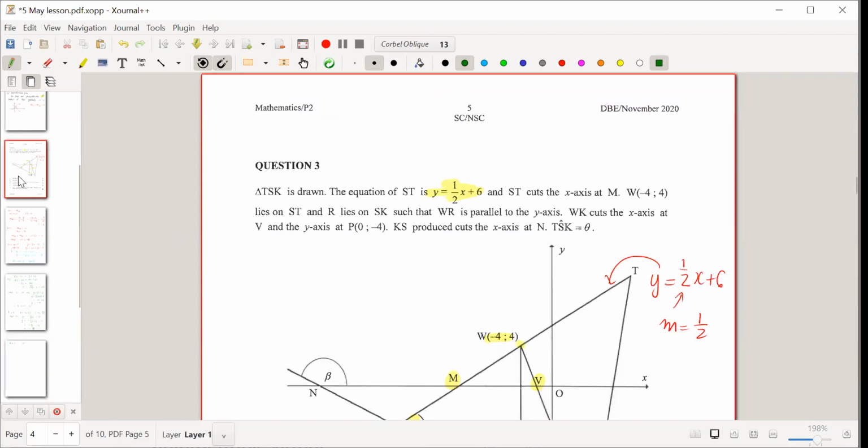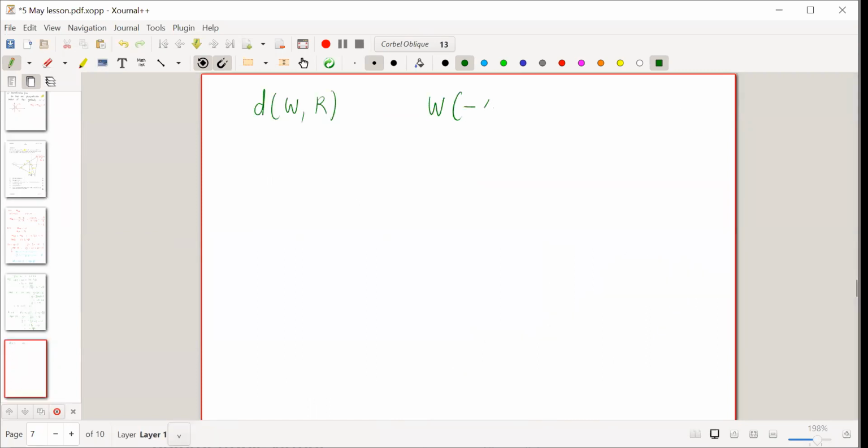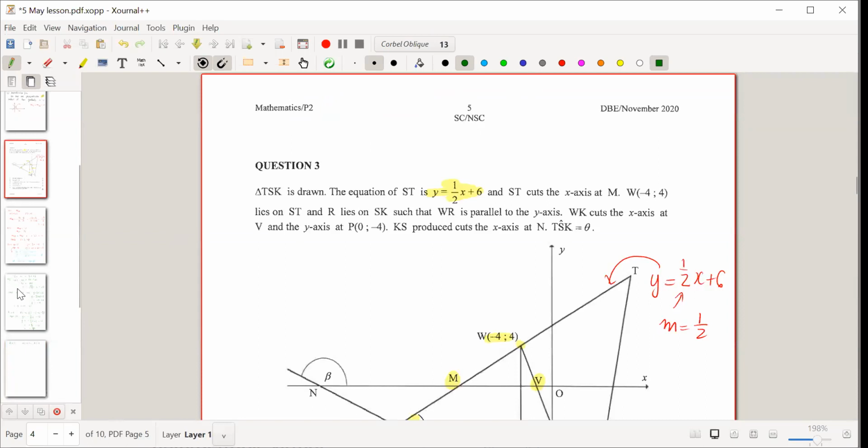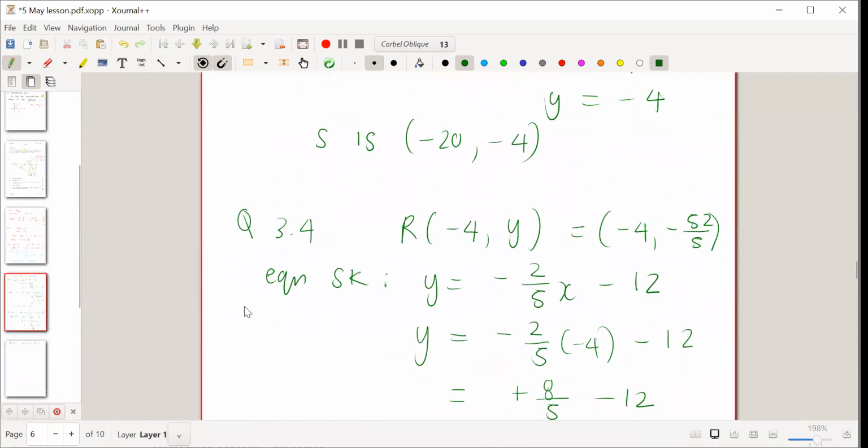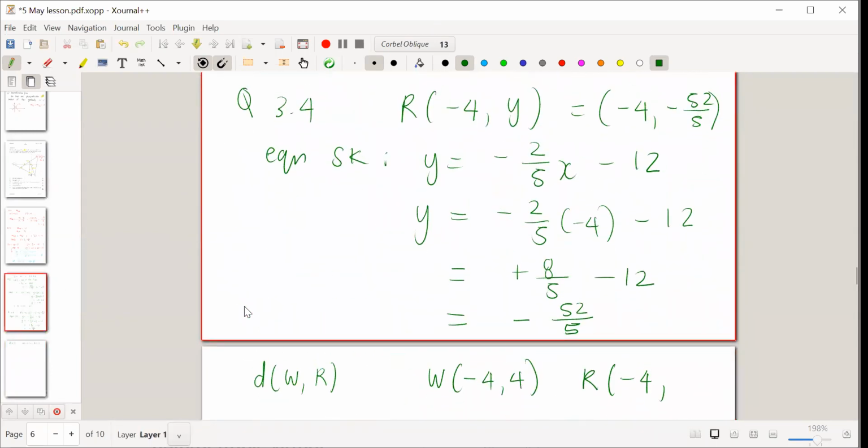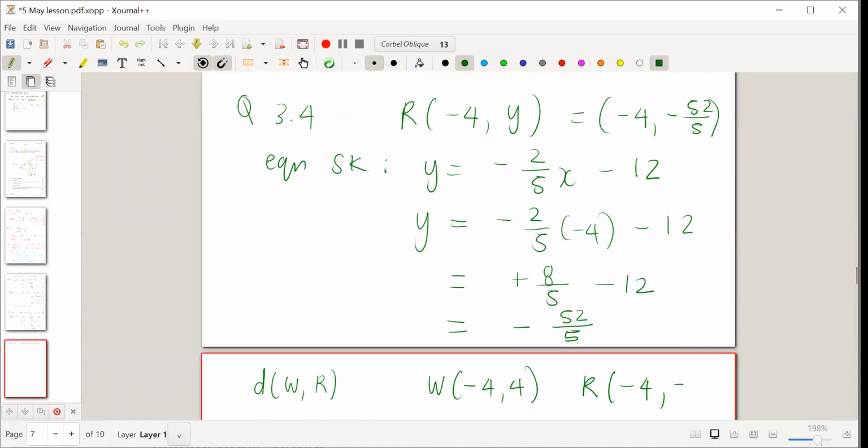The coordinates of W were -4 and +4. And then we had just seen that R is -4 and, we just calculated it. Where did I write it? Here it is. Right there.